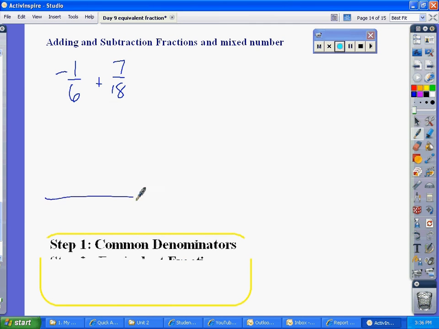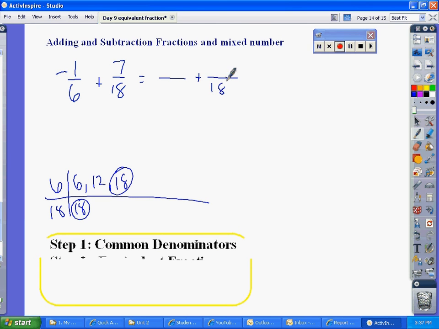We have 6 and 18. 18 is our common denominator. And we notice that one of the fractions is already an 18th, so we just have to transfer it over. But make sure you rewrite the problem again so you don't get confused.